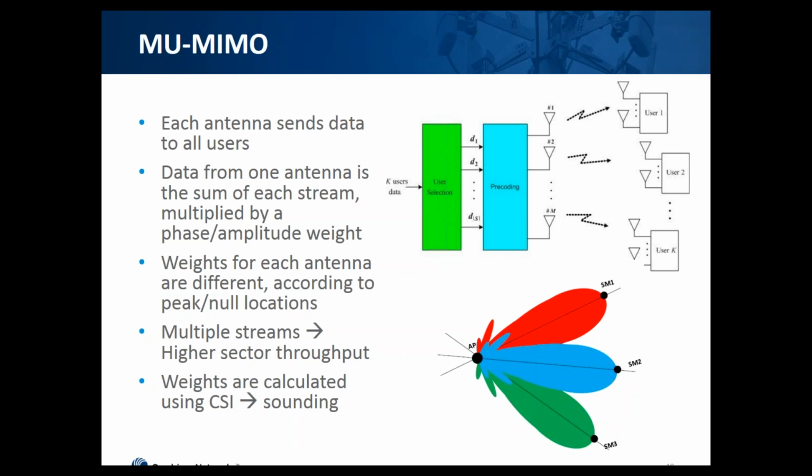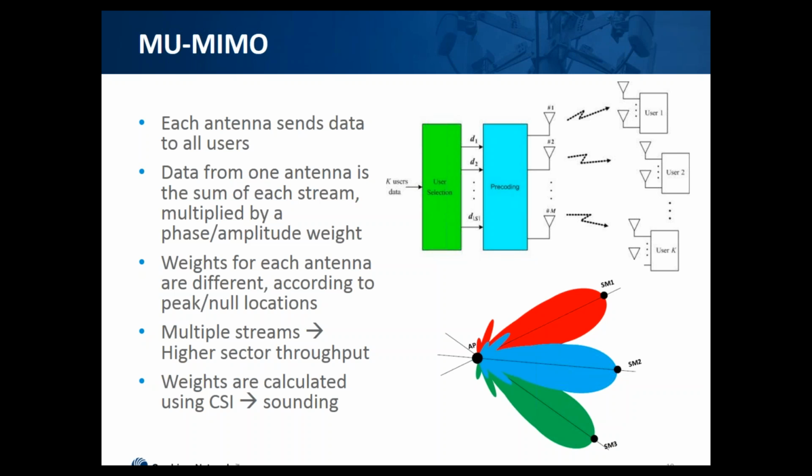For each of the antennas, each of the streams of data is multiplied by an amplitude and a phase component and added together. This means that stream 1 is multiplied by an amplitude factor and shifted in phase. Stream 2 is multiplied by another factor and shifted in phase, and so on. Then all the streams are added together and sent through antenna 1.